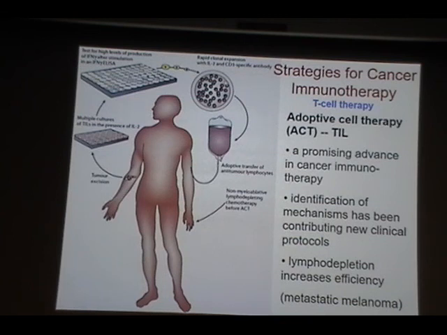And then we can produce tons of this kind of activated T cells by treating them with IL-2 and CD3, for proliferation and activation, and then put the T cells back into the same patient.